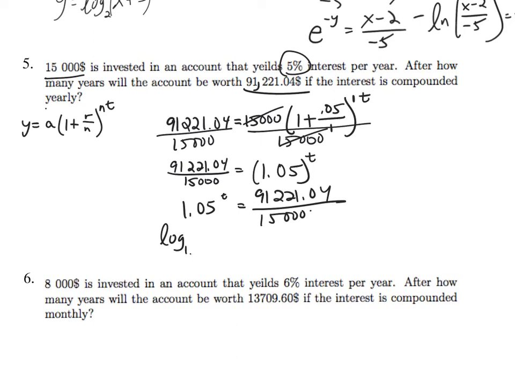Log of 1.05 of 91,221.04 over 15,000 equals t. And so I put that beautiful thing in the calculator. Log base 1.05 of 91,221.04 over 15,000 gives me 36.99999 years, approximately 37 years.